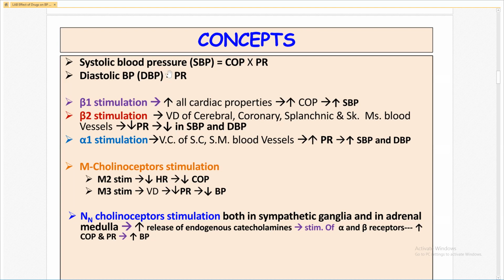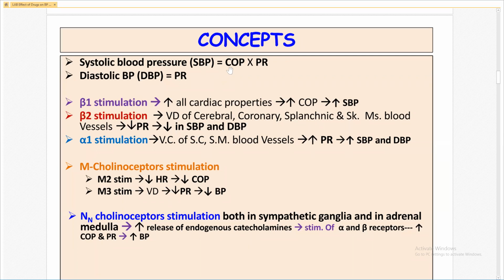Systolic blood pressure is equal to cardiac output and peripheral resistance. As we discussed in the previous sessions, if there is an increase in the cardiac output and the peripheral resistance, there is an increase in blood pressure, both.